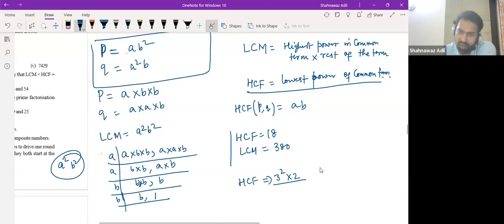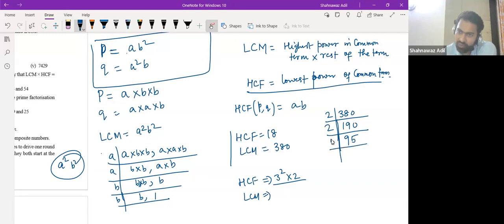So what is the prime factorization of 380? Let us find out. 380 is 2 into 190, and 190 is 2 into 95, and 95 is 5 into 19. So the answer should be no, right?